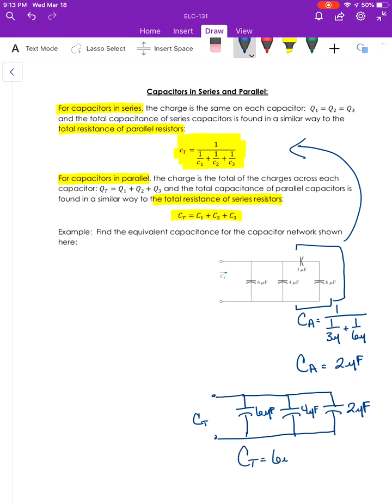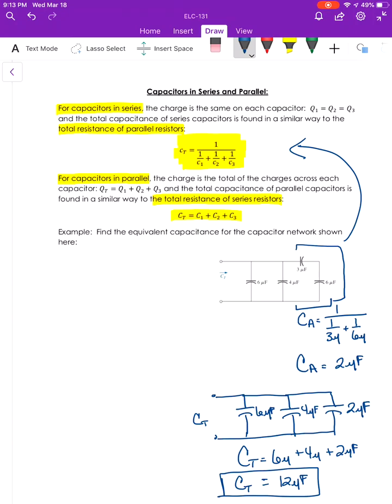So CT would simply be the sum of all of them, or 12 microfarads. So if you have multiple capacitors in your circuit, you would combine them the opposite way you combined resistors.